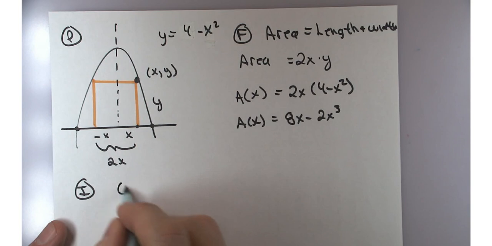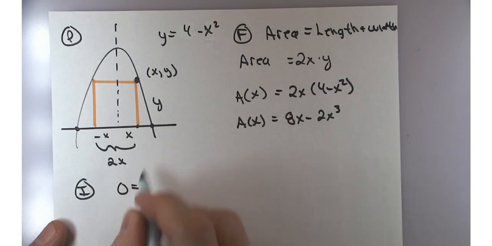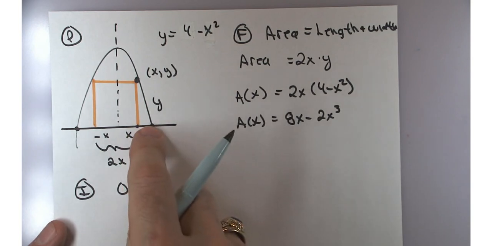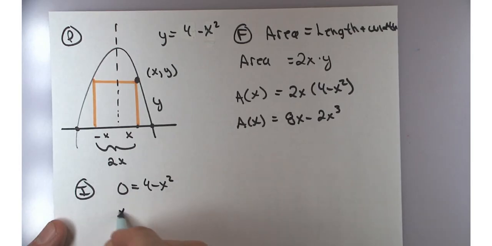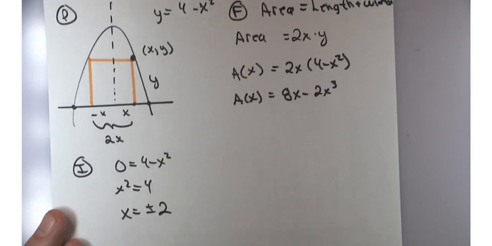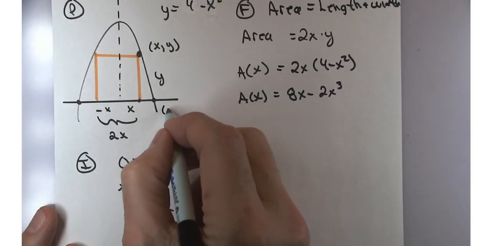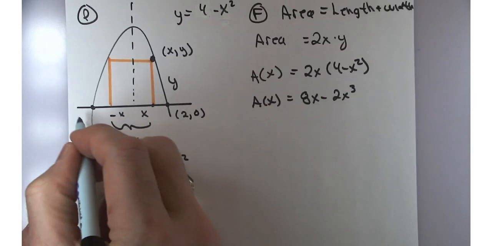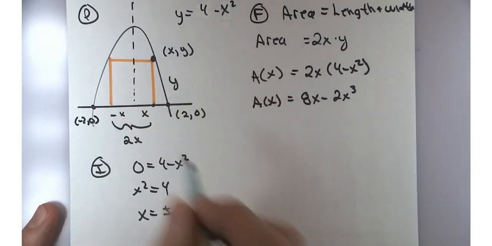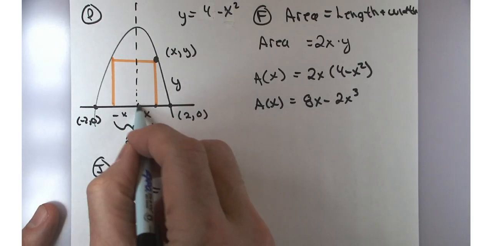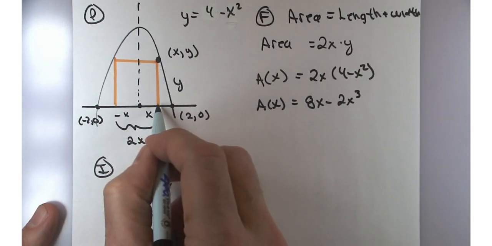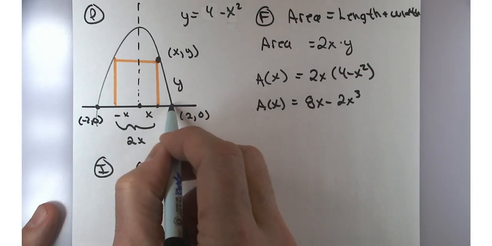Well, if you solve, y equals 0 equals 4 minus x squared, or x squared equals 4, x equals plus or minus 2. And that makes sense, right? You have (2, 0) and (negative 2, 0). But x itself is going to be the distance from the y-axis to whatever point we have here. And the farthest I can go is 2.